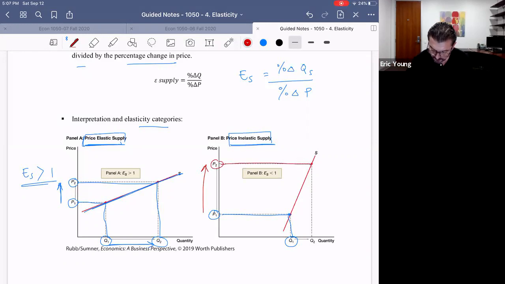We go over, we bring it down, and we can definitely see that the law of supply holds. As P has gone up, QS has gone up. But the degree, the responsiveness, the how much question is very different here. In fact, this really, really big increase in price has led to a relatively small increase in QS. It's not responsive, and therefore we're going to call this price inelastic supply.